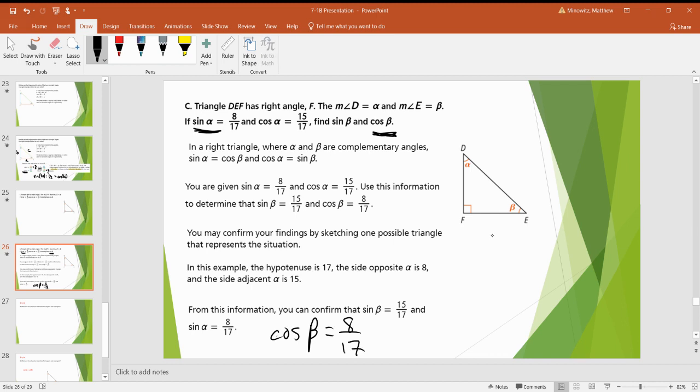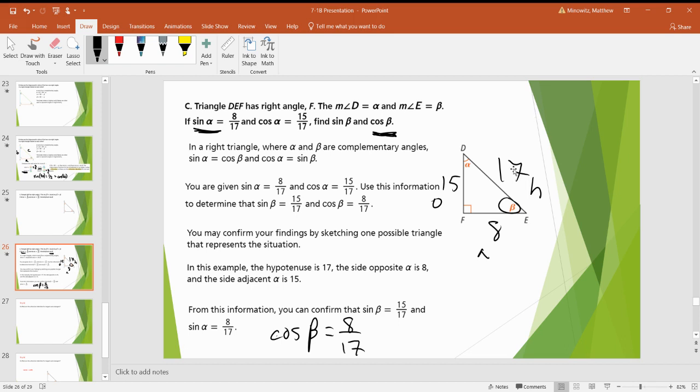And we can show this on the triangle because the sine is the opposite over the hypotenuse. And it also says the cosine of alpha is 15 over 17. And then for the cosine of beta, if we're looking at beta, then we have the opposite, the adjacent, and the hypotenuse. So we can see that the cosine of beta is 8 over 17.